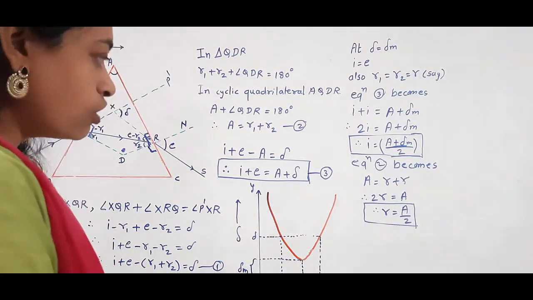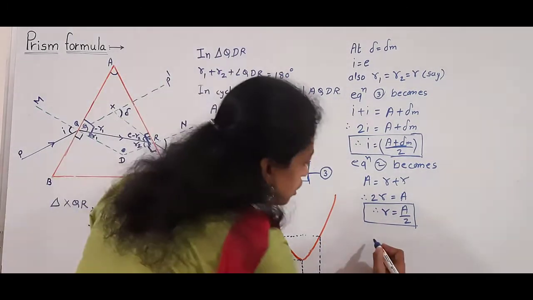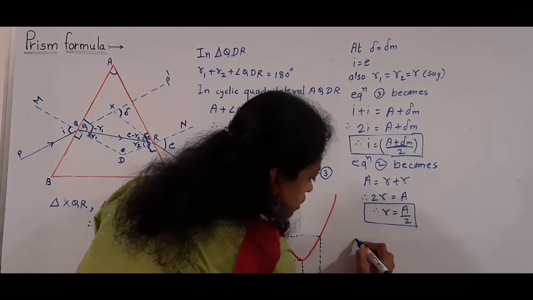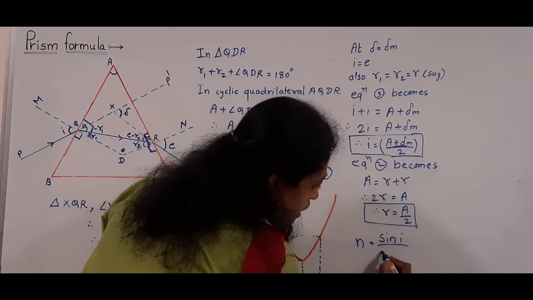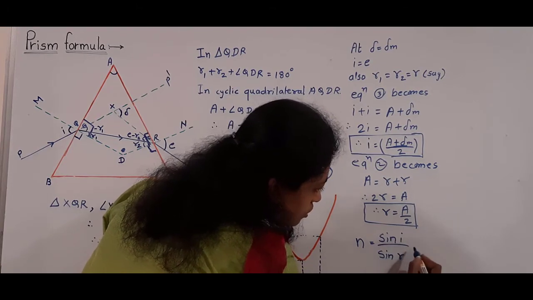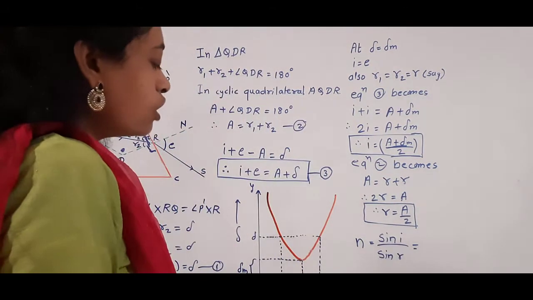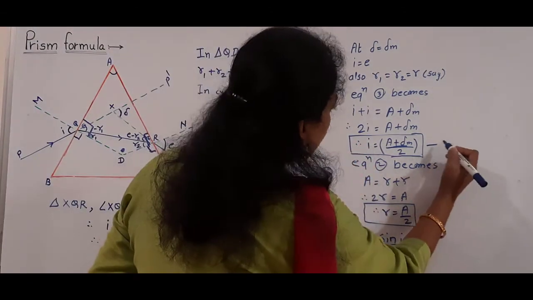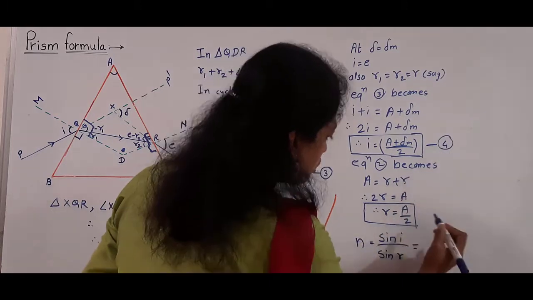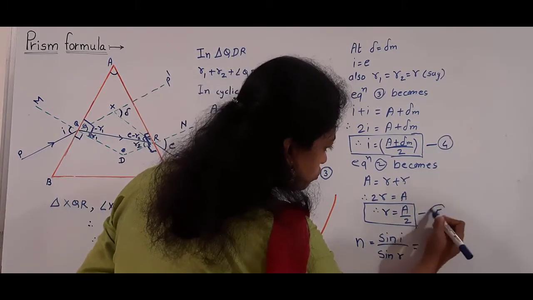According to Snell's law, we will write here refractive index n is equal to sin I upon sin R. Putting the values, what we will get? Call this equation as 4, call this equation as 5.